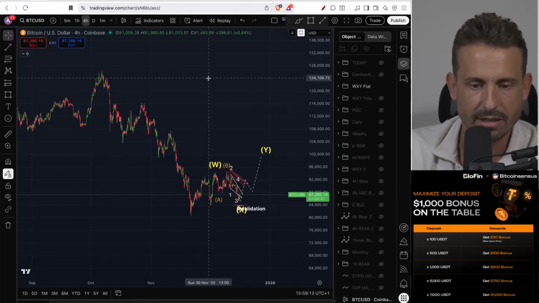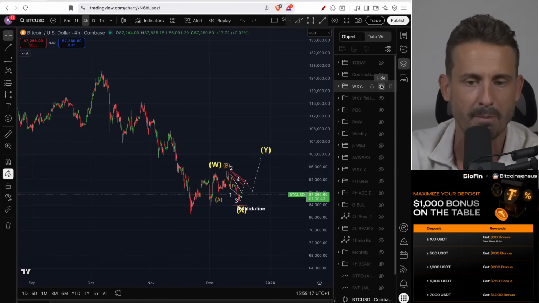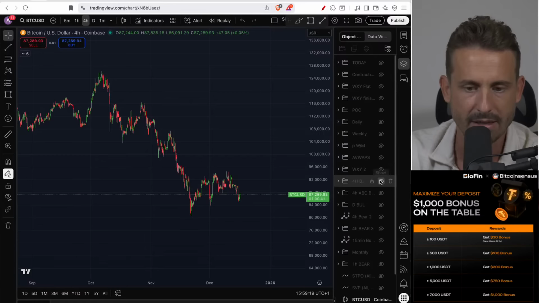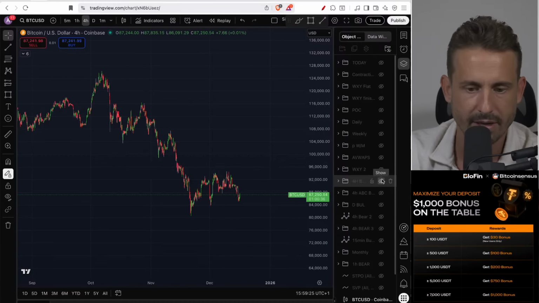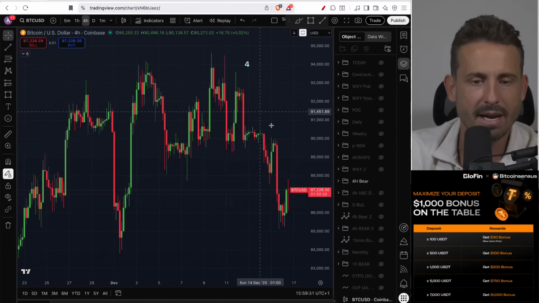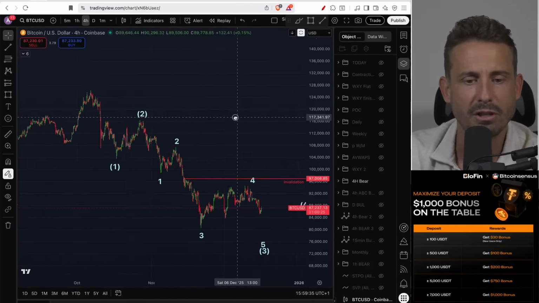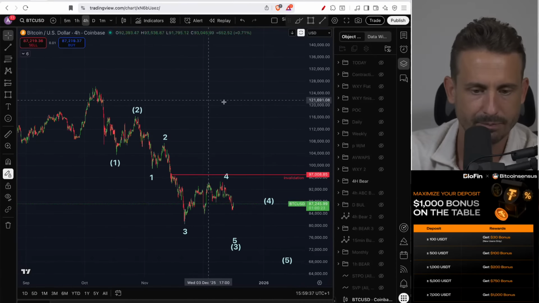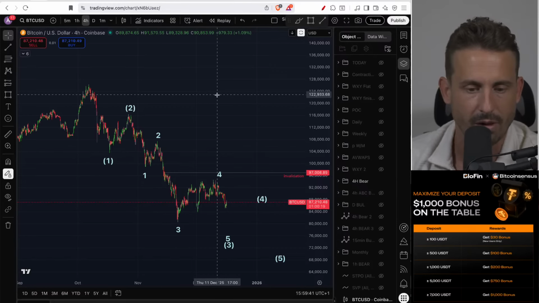I think there's a lot of eyes looking at this movement down to be bearish, and the main scenario would be this one right over here. Hang on a minute, I have another scenario, which is this one. This one would be the main scenario, which is an impulsive move to the downside. This stands as the main scenario.